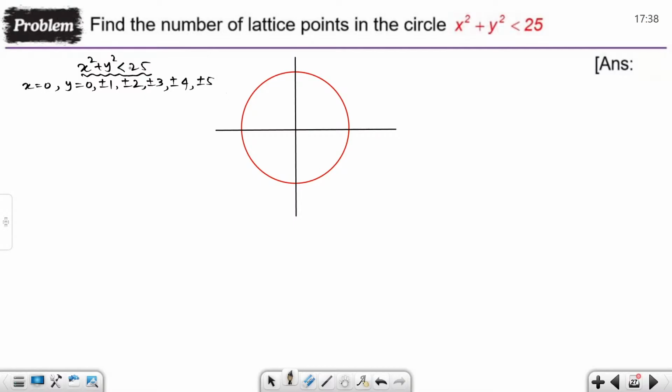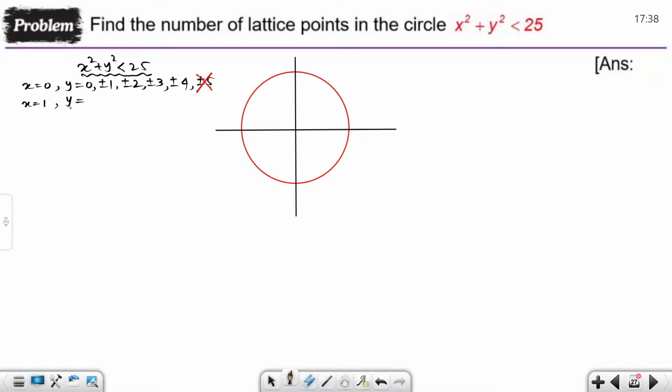But we have been asked to find the lattice points where x square plus y square will be less than 25. So this value I cannot take, so I have to reject this. Now let us take x equals 1.